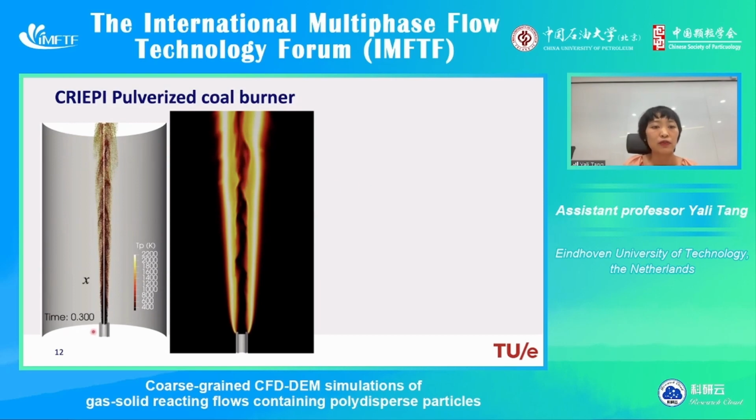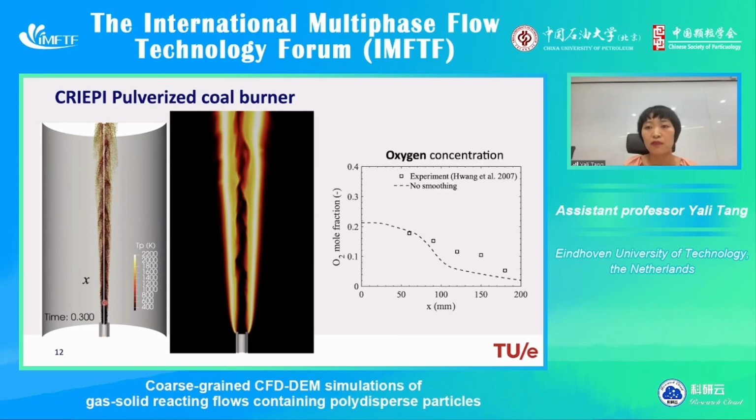And if we plot along the center line the oxygen concentration, this is the oxygen molar fraction as a function of the distance x from the start of the nozzle, and the dashed line is the simulation result, and the symbols are the experiment data.